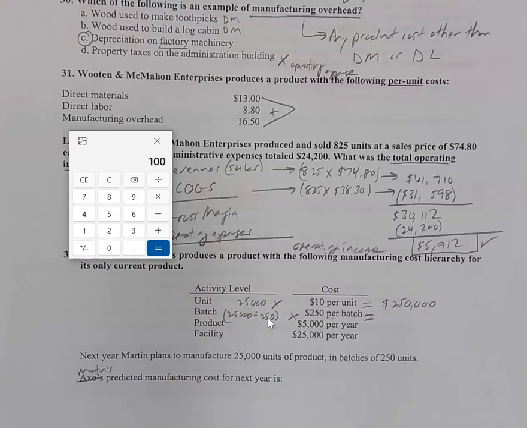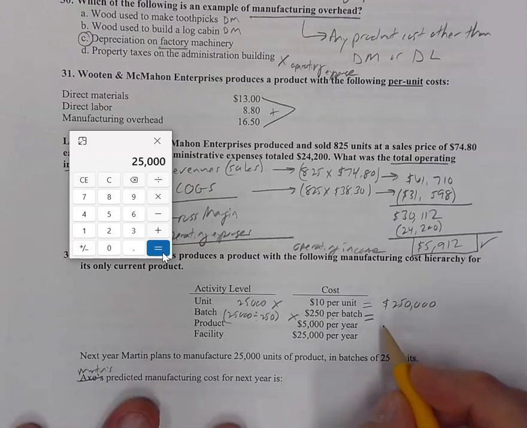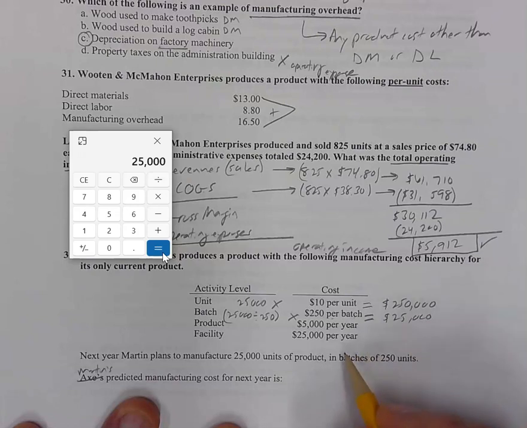So we're going to need 100 batches, and then it just so happens that we're going to multiply that by 250. I wish they would have used a different number, but they didn't. So that gives us batch costs of 25,000 a year.